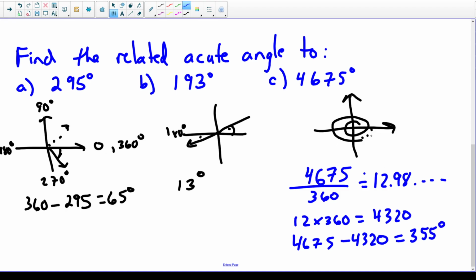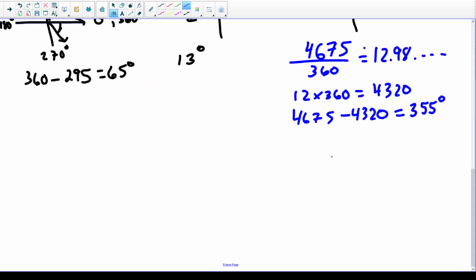So that means I went 12 times around the circle plus 355 degrees, which brings me right about here. And now I can easily calculate my related acute angle, which somebody in chat has already said is simply 5 degrees. So 360 minus 355 equals 5 degrees. And that is my related acute angle.